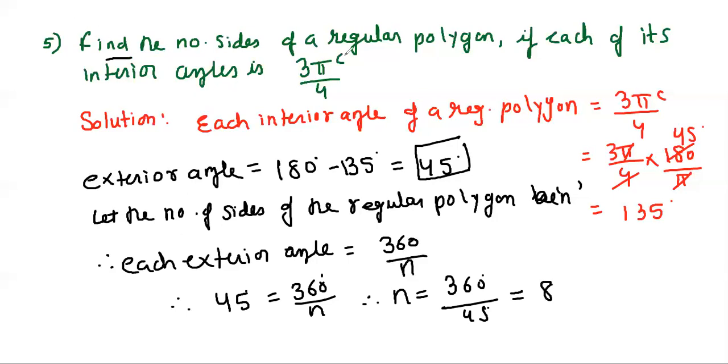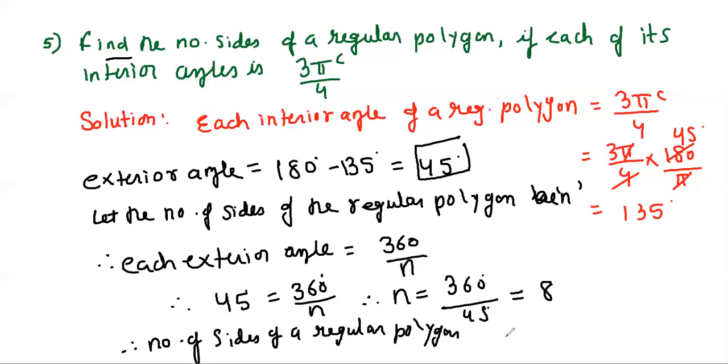Find the number of sides of a regular polygon if each of its interior angles is 3 pi upon 4. So I would write, therefore the number of sides of a regular polygon with interior angle 3 pi upon 4 radians is equal to 8.